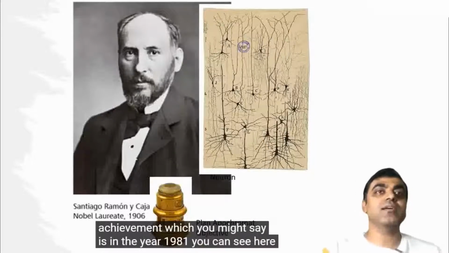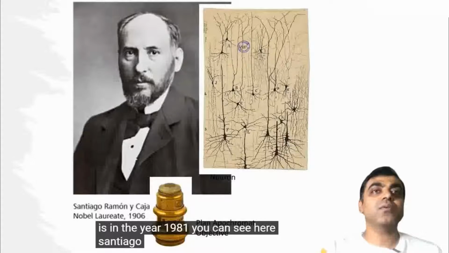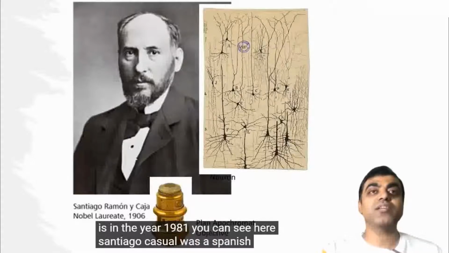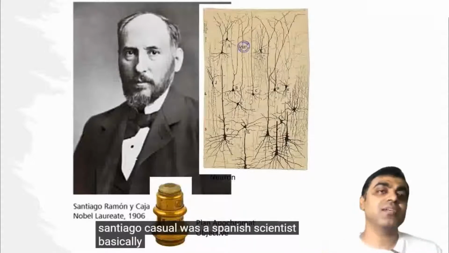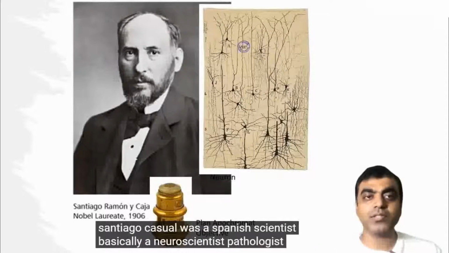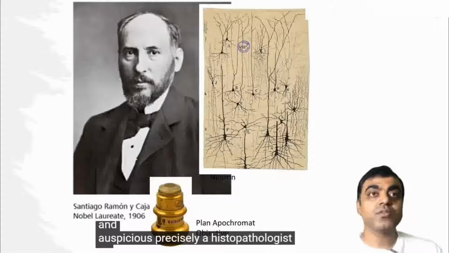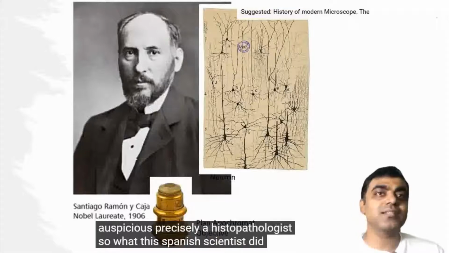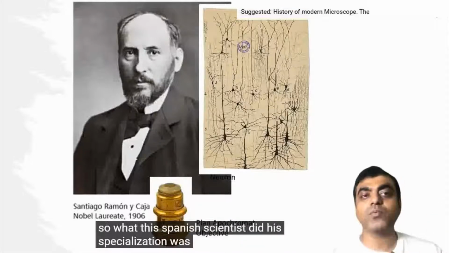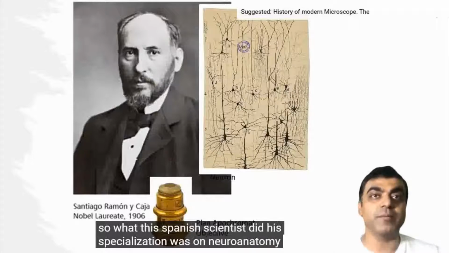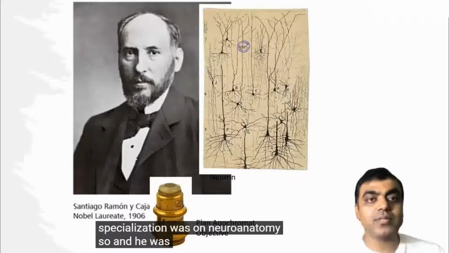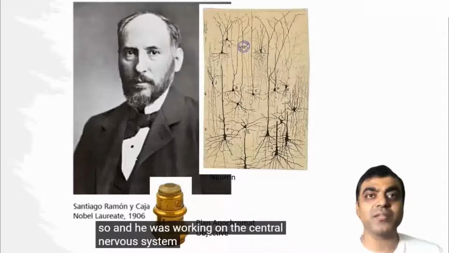Santiago Cajal was a Spanish scientist, a neuroscientist, pathologist, and precisely a histopathologist. His specialization was neuroanatomy, and he was working on the central nervous system.